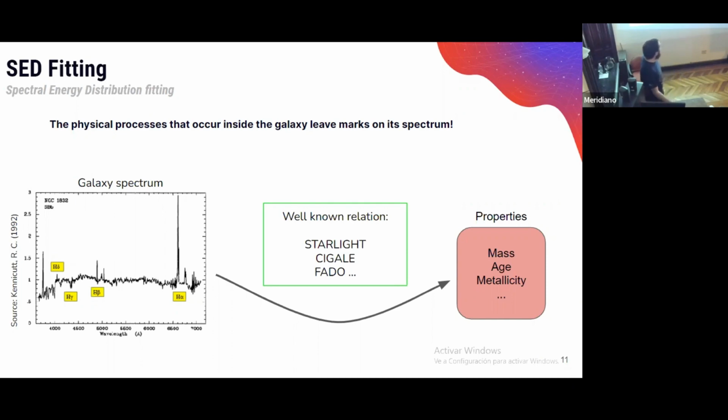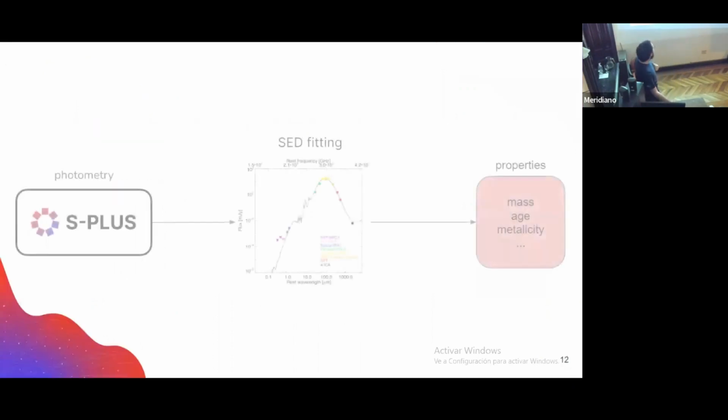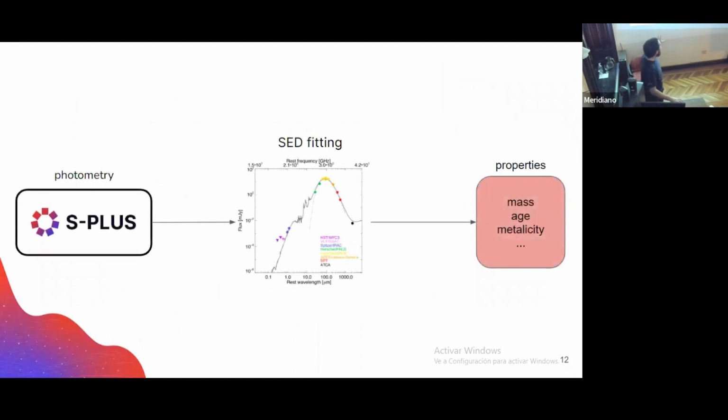But from what I showed before about S-PLUS, you can have an idea of what a photometric pipeline would look like for a survey such as S-PLUS. You usually would get the photometry directly from the survey, for example S-PLUS. Then you do some kind of SED fitting, whatever code you choose to work with, and then you will get some properties.